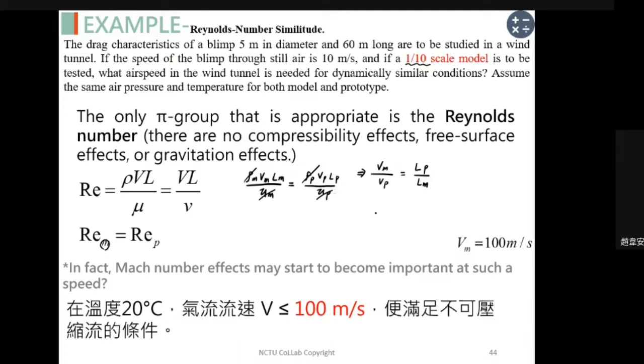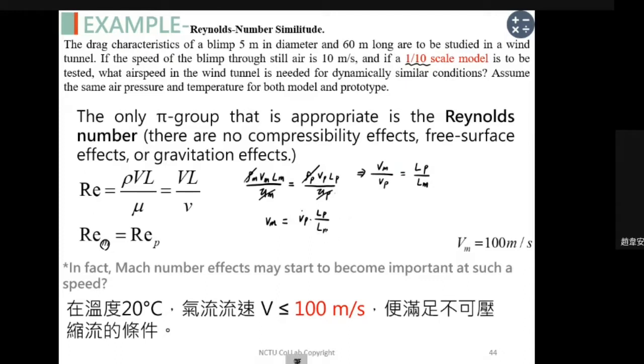And we actually know the prototype velocity is 10 meters per second. So how large is the flow velocity in the model? It is equal to V_p multiplied by the ratio between the prototype length and the model length.